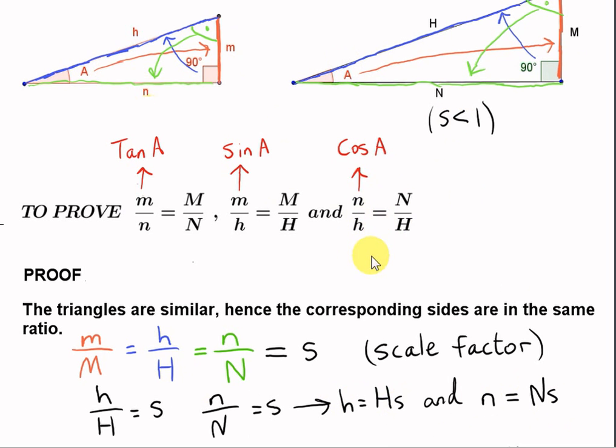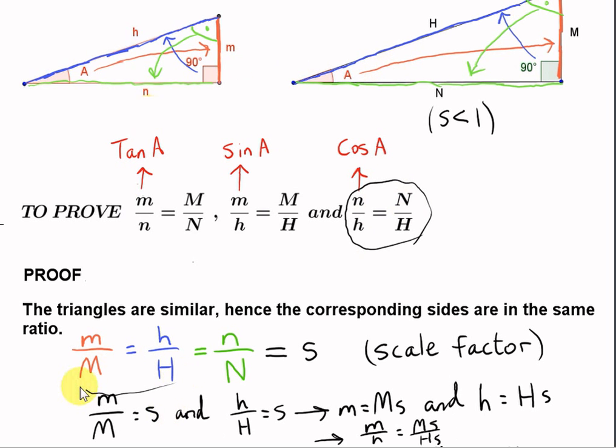Okay, we want n divided by h. Well, for little n we can write big N times S, for little h we can write big H times S, and you can see the S's cancel. So now we've proven that this result holds. So cos of A is the same no matter which of these two triangles we use, or any size triangle with angle A in it.